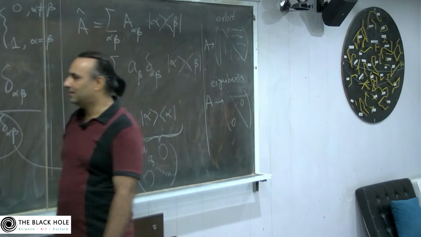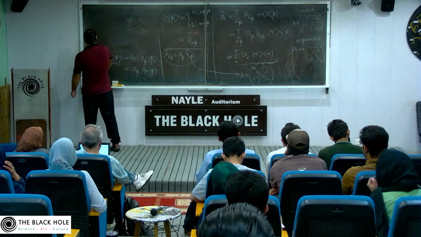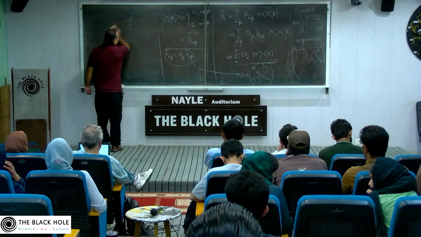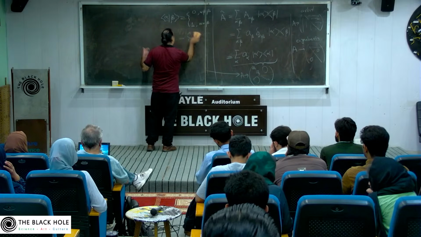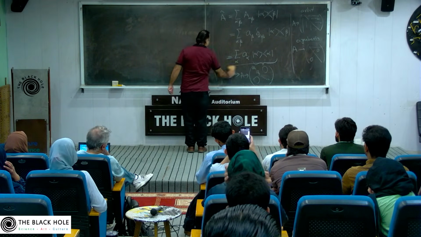So this is one example, but this is a very special example, but now let's take a general case. So how to transform basis? That's how to transform the representation of an operator by changing its basis.